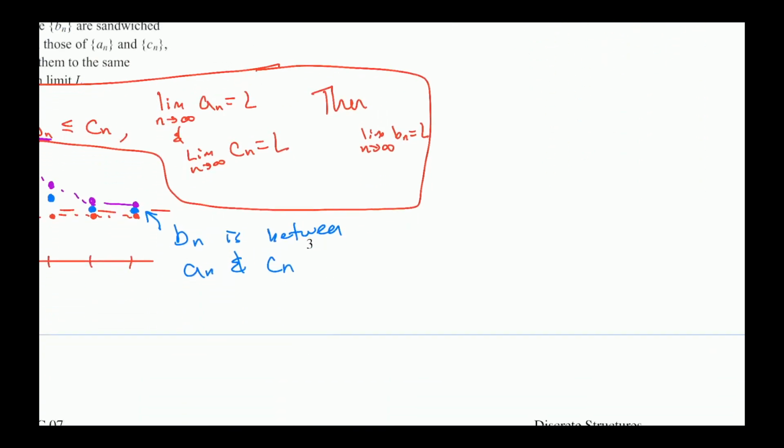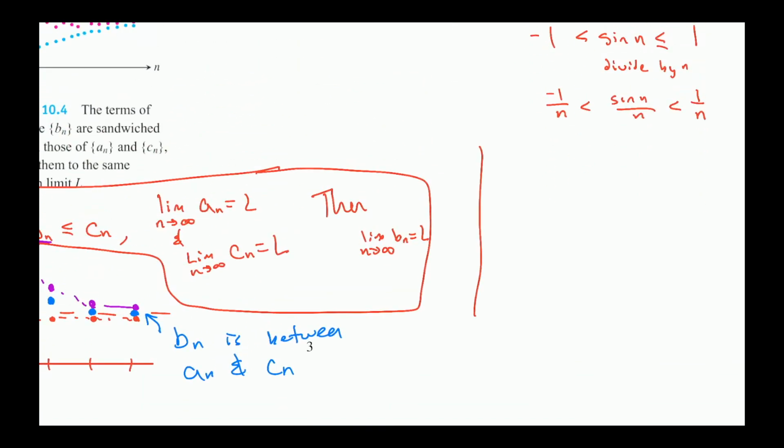So you've got 1 over n on top. So like if you draw this sequence out, in our syntax over here, this would be the cn. Cn is 1 over n.